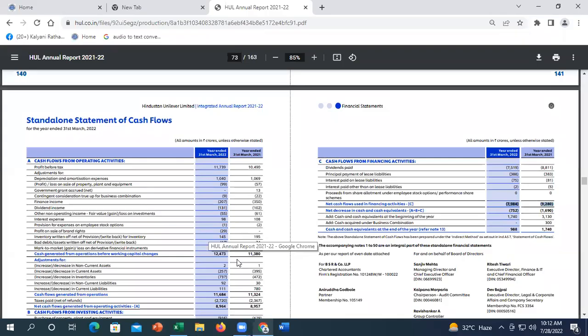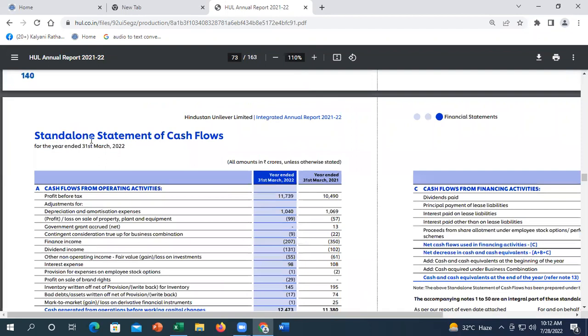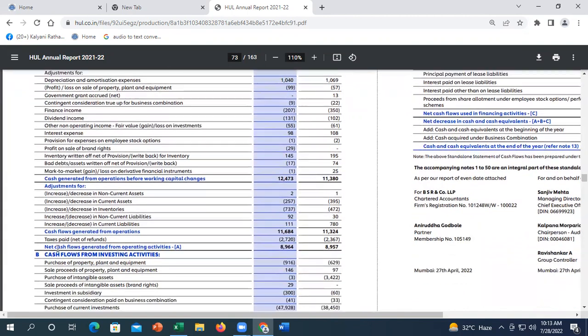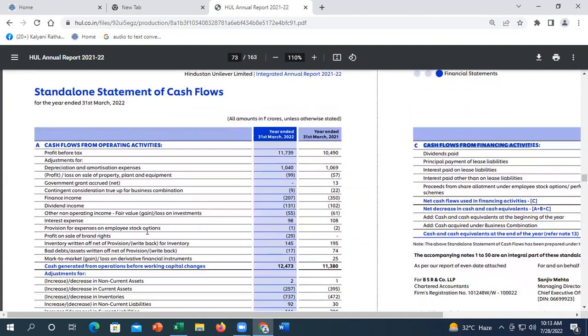Let us take an example. Let us see a real life company. This is Hindustan Unilever, the annual report of 2021-22, and I'm just showing the cash flow statement. First, observe. The cash flow statement shows A, cash from operating activity, B, cash from investment activity, and C, cash from financing activity. So every company is bound to show that.